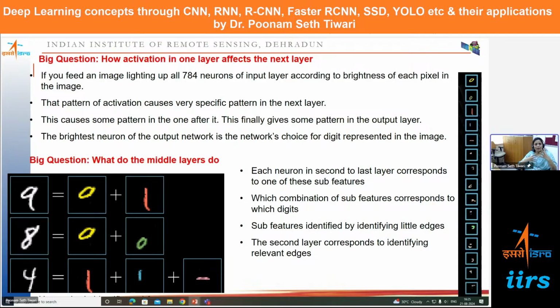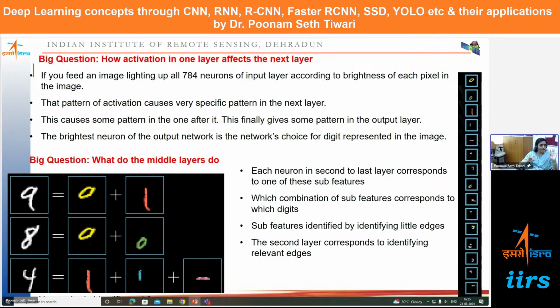Now, what is happening? We don't know how it is identifying. How are we identifying any of these handwritten numbers? Suppose we are talking about number 9. Whoever writes it, number 9 will have one circle and one straight line. If there is number 8, even if it is tilted or straight, or the line is a little curvaceous, it will have one circle and one line.